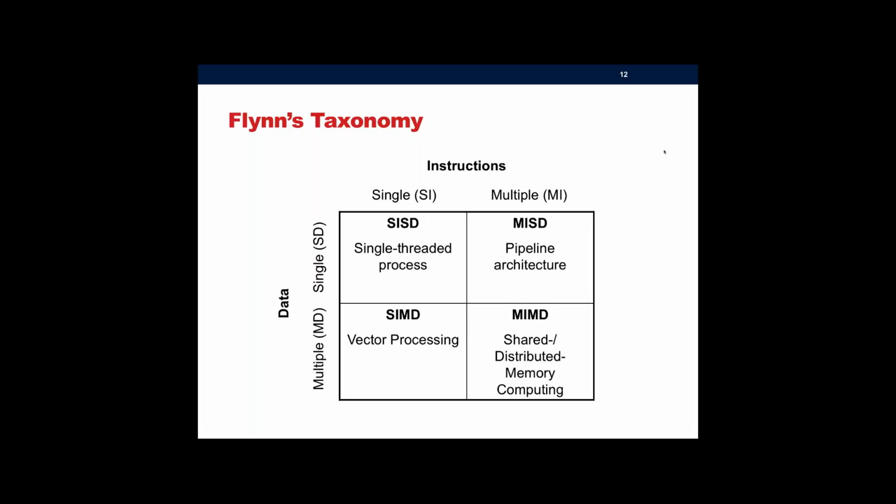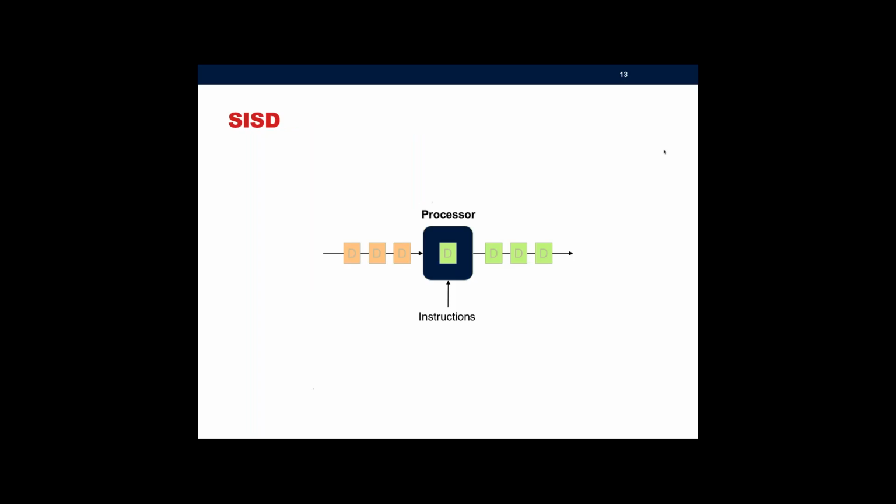So the upper left corner is single instruction, single data, which is your sequential computer. Basically, you can process one data element at any given time. There are alternative architectures where you can process multiple data elements, but do the same instruction.